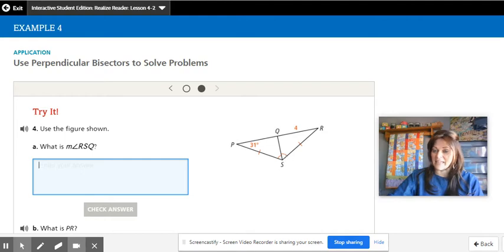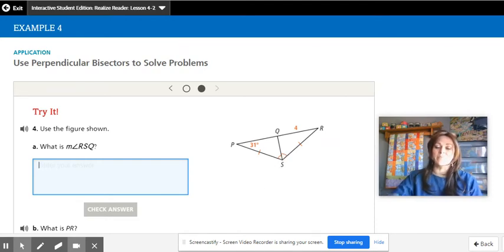RSQ, it doesn't give you the measurements at all. But think about it. You know this is an isosceles triangle, which means by the isosceles triangle theorem, this angle and this angle would be the same. So the side lengths are the same, so those angles are the same. So 31, 31, and then you're like, well, I don't have this whole angle.